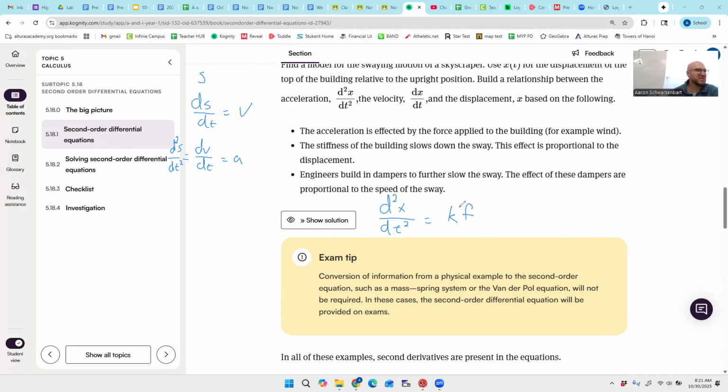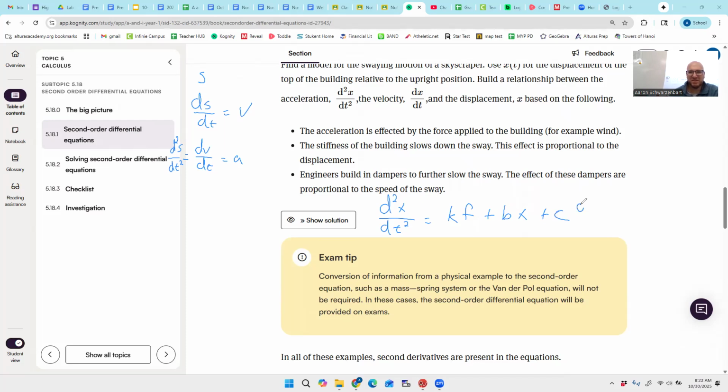It's proportional to force. That makes sense? The stiffness slows down the sway. This is proportional to displacement. Engineers build dampers in that are proportional to the speed. Speed is dx/dt, right? I need another variable.